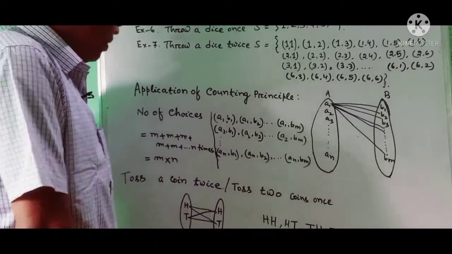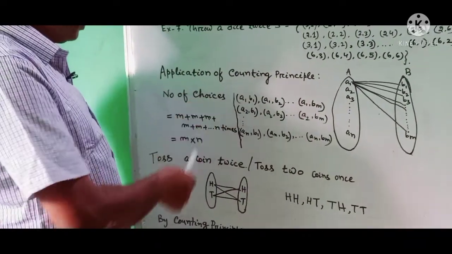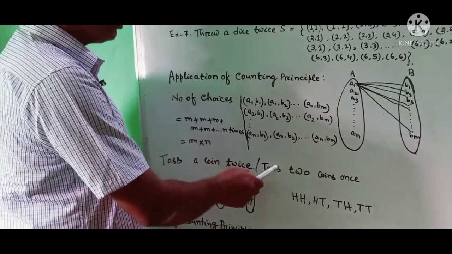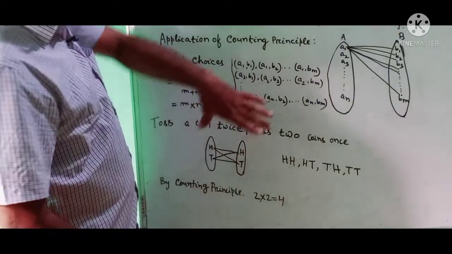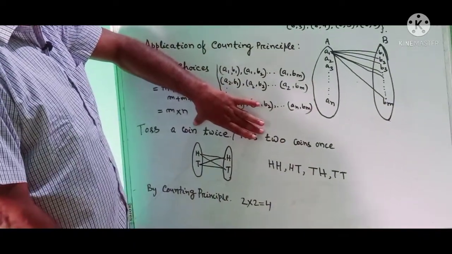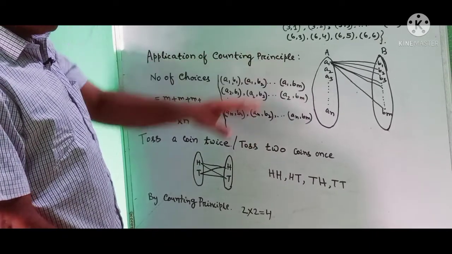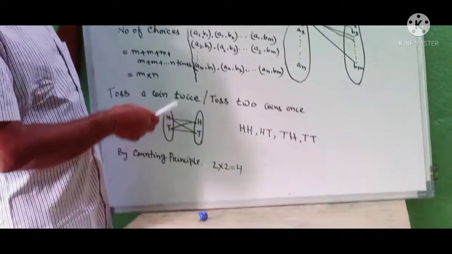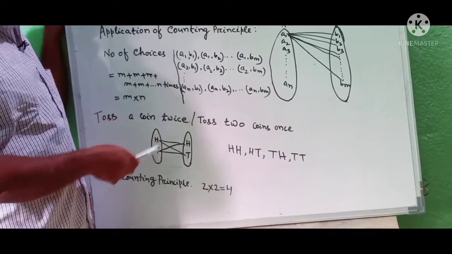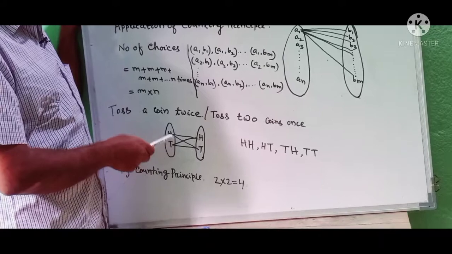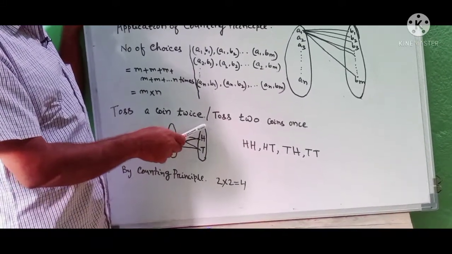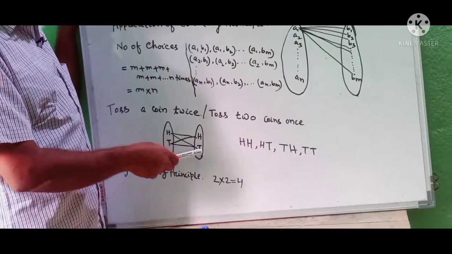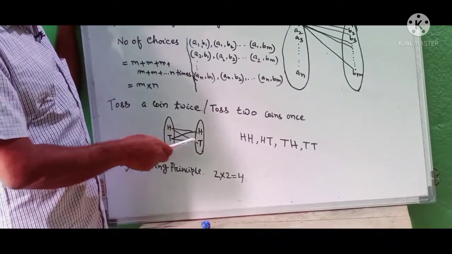Now the application of the counting principle in probability: toss a coin twice, or toss two coins once. The two experiments are similar, that is why I have given the oblique mark. A coin gives HT, another coin gives HT, so HH, HT, TH, TT.